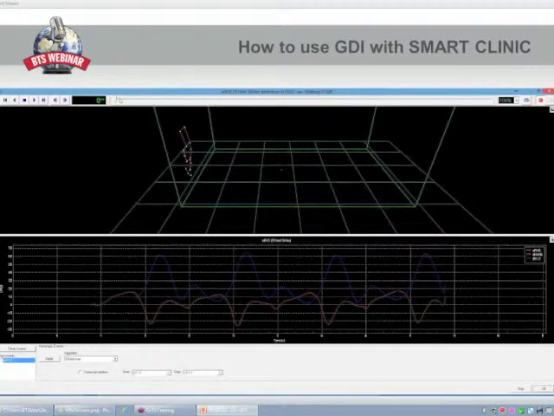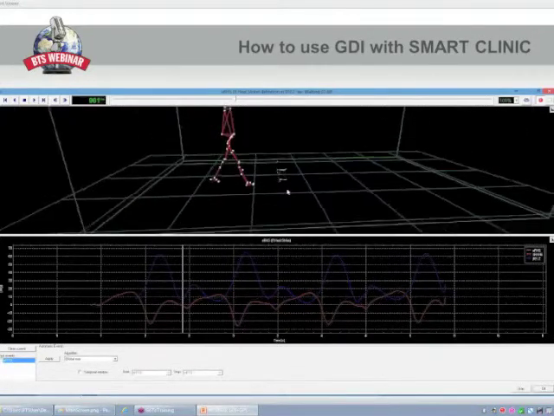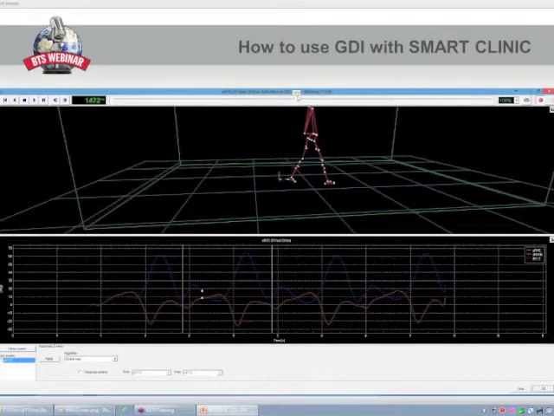Now the next step is to define the gait cycle. Now I'm going to define the right foot strike. So this is going to be the first. To do that, you can move the stick diagram and choose the frame which defines the event. Now I'm going to define the second right foot strike.